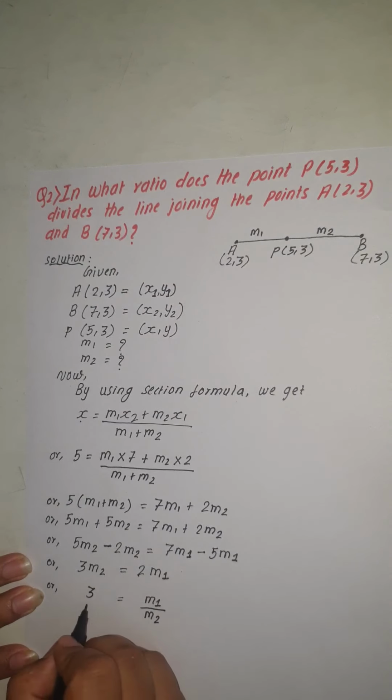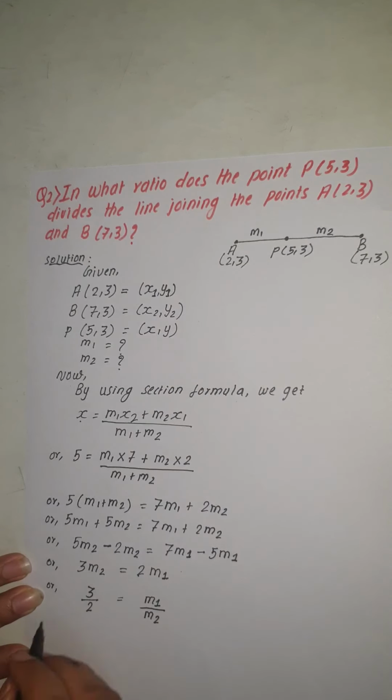Now this 2 will come this side. Numbers will remain on one side, and letters will remain on one side. So m1 by m2, 3 as it is, by 2. Therefore our ratio, m1 is to m2, equals 3 is to 2.